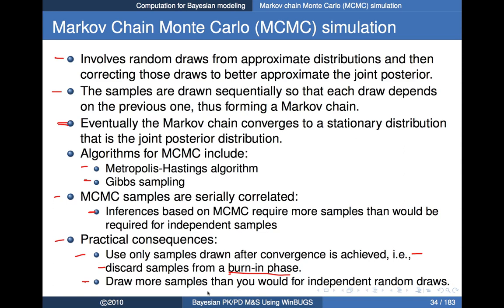It may also influence the degree of autocorrelation in your samples, which in turn will influence how many samples you'll need in order to get adequate precision. And finally, it can certainly have an influence on the speed of computation. So yes, it can certainly make a difference.